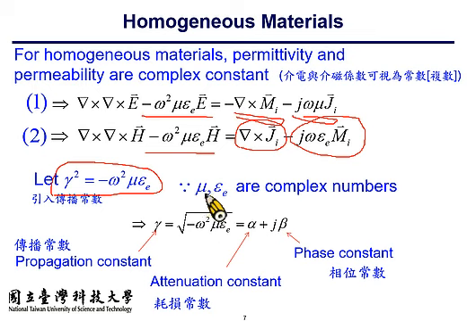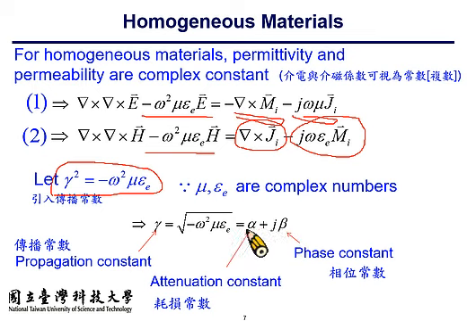And the product of the two complex numbers times omega squared, taking a minus sign over here and taking the square root of that, would you end up with a real number or a pure imaginary number? Well, I bet most likely it will end up with a complex number. So let's say the propagation constant is a complex number which appears in the form of alpha plus j beta.